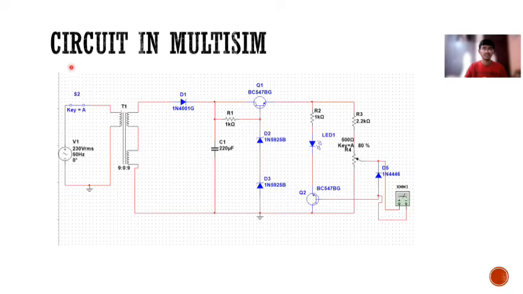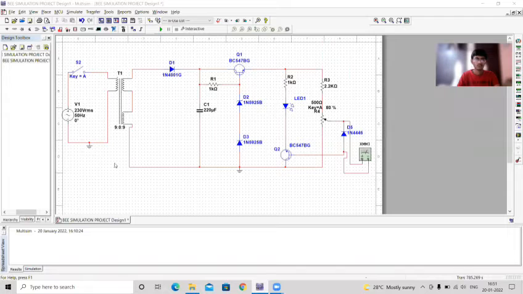So now, this is the circuit of our Zener diode tester, which is created in Multisim. Now let's see the circuit in detail. So friends, this is our circuit in Multisim, which is made using transformer, transistor, diode, capacitor, multimeter, resistor, and key, and also a ground.